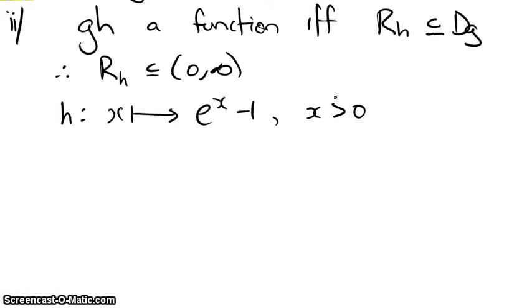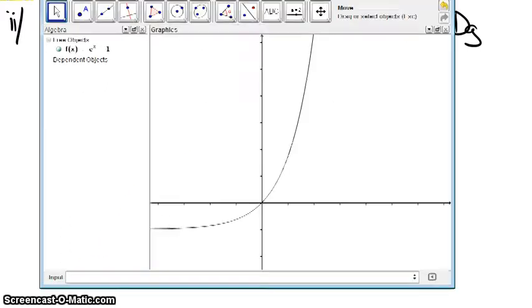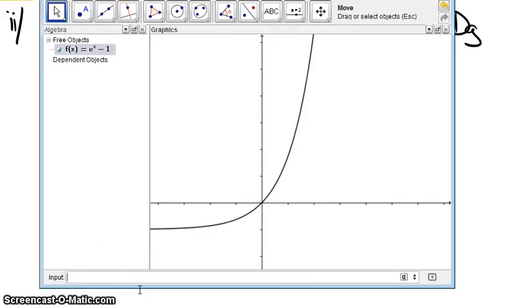So what is the corresponding range of gh? There are two ways of doing this. The first way is you see that the range of h is now equal to the domain of g.